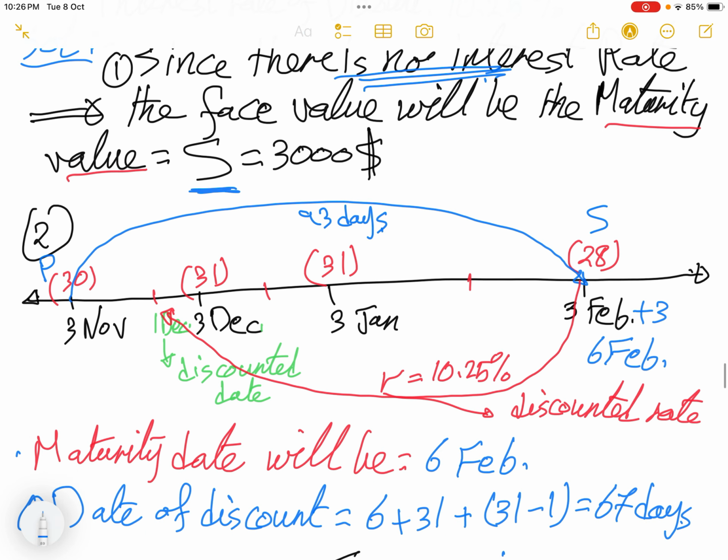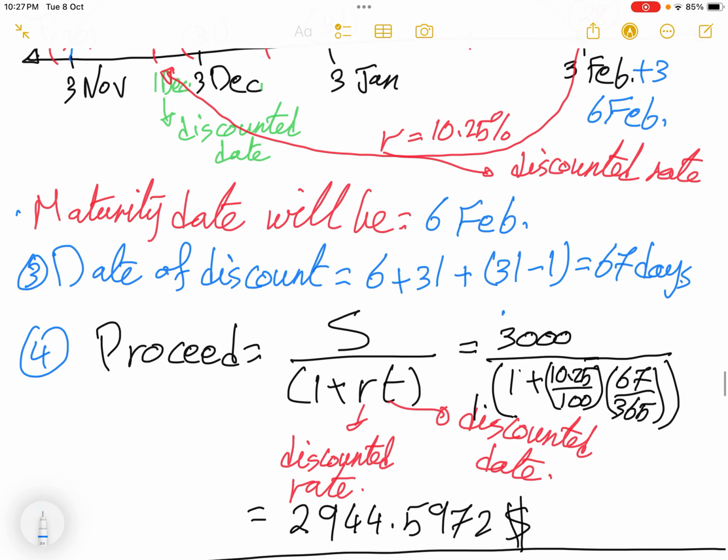Which is 6th of February, discounted rate, which is R equal 10.25. Here I notice that we have the discounted date, which is 1st of December. You must calculate the discounted period from the 6th of February till 1st of December.